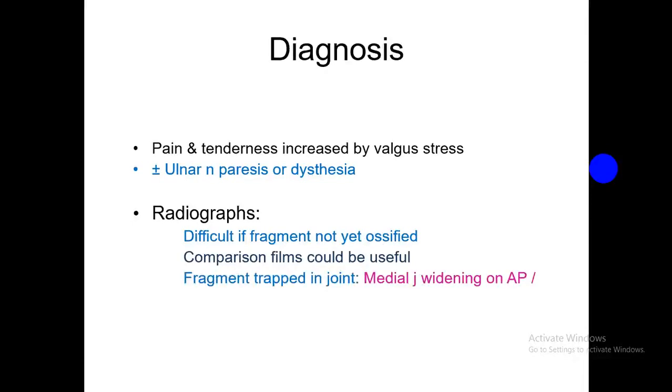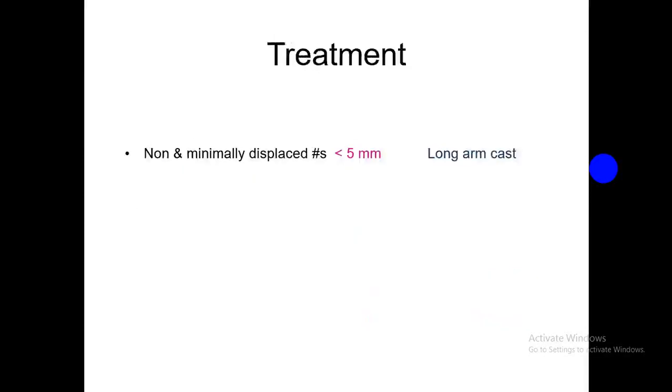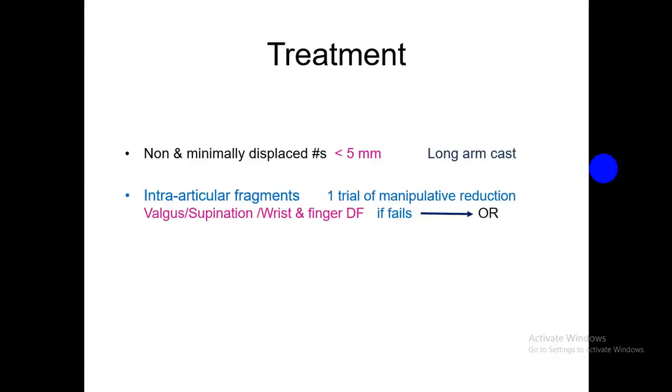The fragment, if entrapped into the joint, you will see that there's medial joint widening on the AP, a fragment seen on the lateral view in the joint with non-concentric ulno-humeral joint reduction. If it's undisplaced or minimally displaced with less than 5 millimeters, you do a long arm cast.